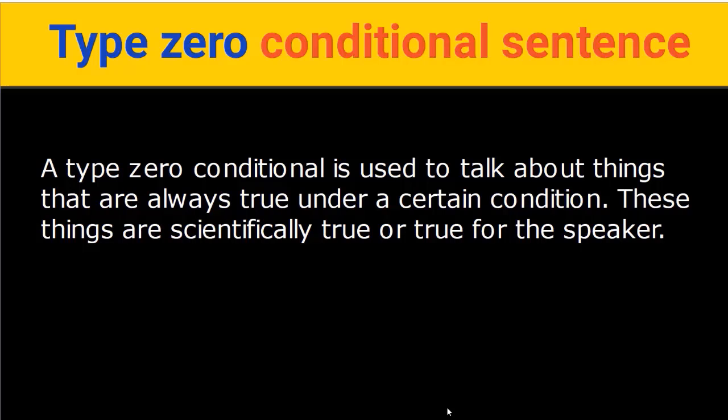Let's do it. Now let's understand what exactly a type 0 conditional sentence is. A type 0 conditional sentence is also known as conditional type 0 or a conditional sentence type 0. It is used to talk about a condition and its result, which is always true in that condition.